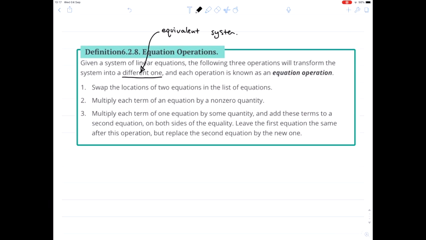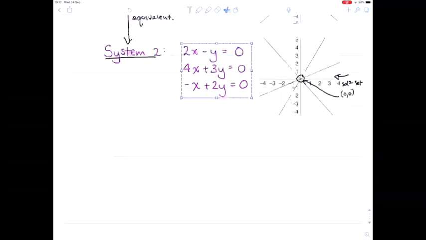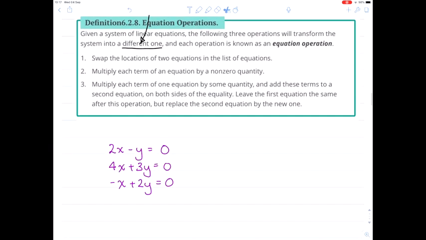So let's have a look at what our options are. The first one that we have is that we can swap the locations of two equations in the list of equations. So if we go back to our previous example and have a look at these three equations, it makes sense that if we swap, for example, the first two equations, so we end up with 4x plus 3y equals 0, and 2x minus y is equal to 0, and minus x plus 2y is equal to 0.